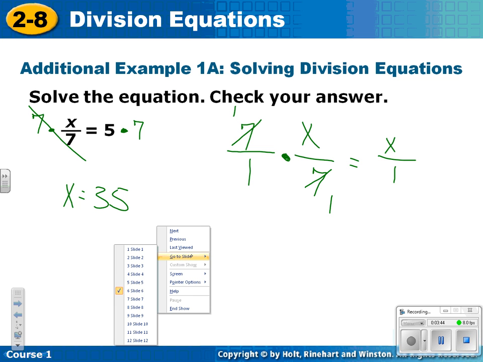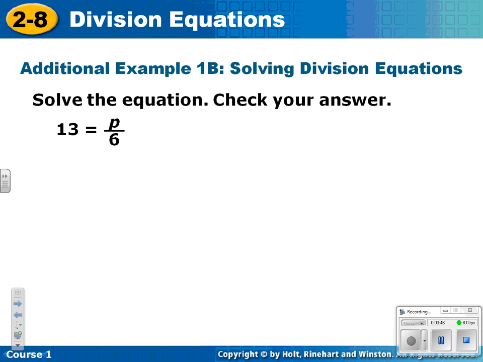I'm going to go through this pretty fast because we've been doing it long enough that I'm pretty sure you guys all know what you're doing. What's happening to the variable here? Ian, say that again. Multiplied? It's being divided by 6. Okay, what's the exact opposite of divide by 6?